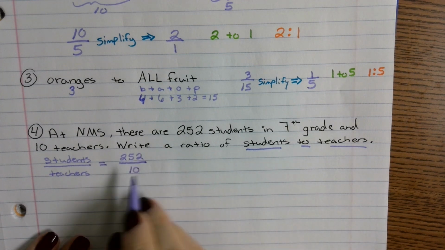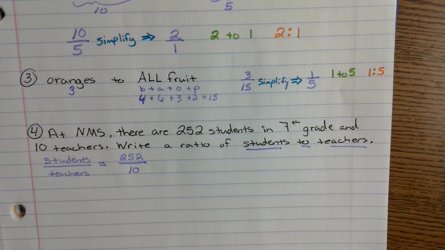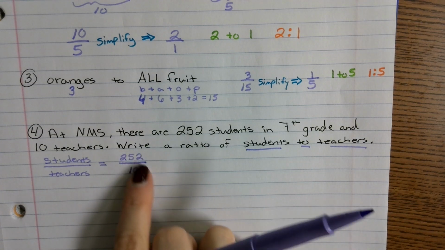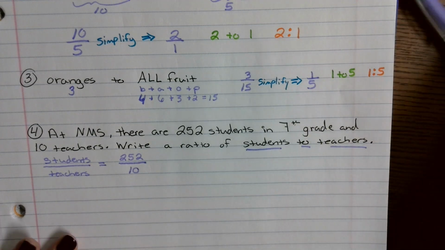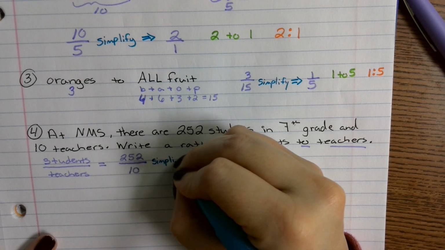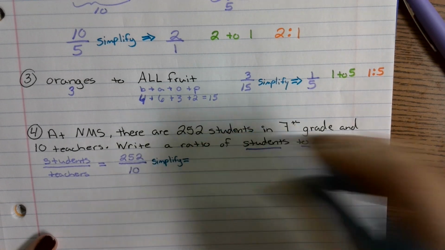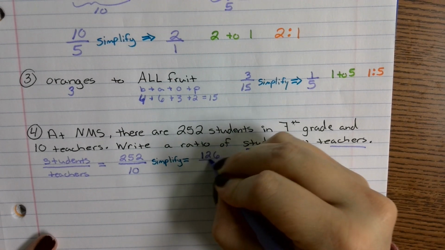Now, can that be simplified? Yeah. Right off the bat, you should know it can because they're both what kind of numbers? Even. Since they're both even, they're both divisible by 2 at least. So it definitely can be simplified. Jasmine, what can we simplify it to? Very good. 126 over 5.